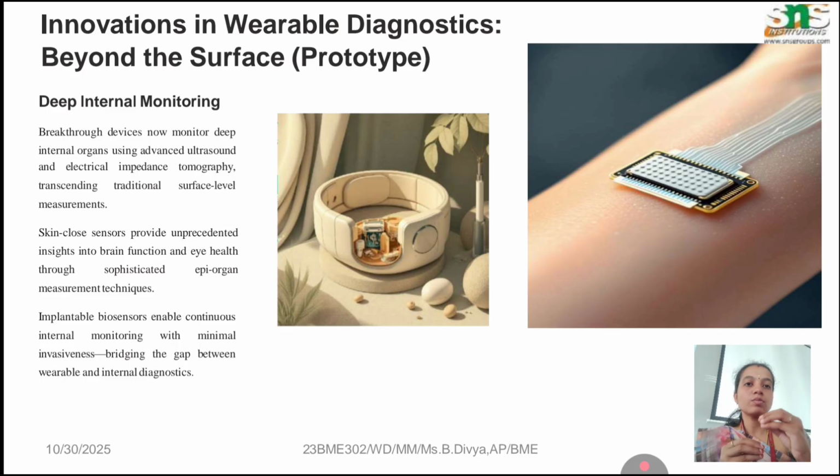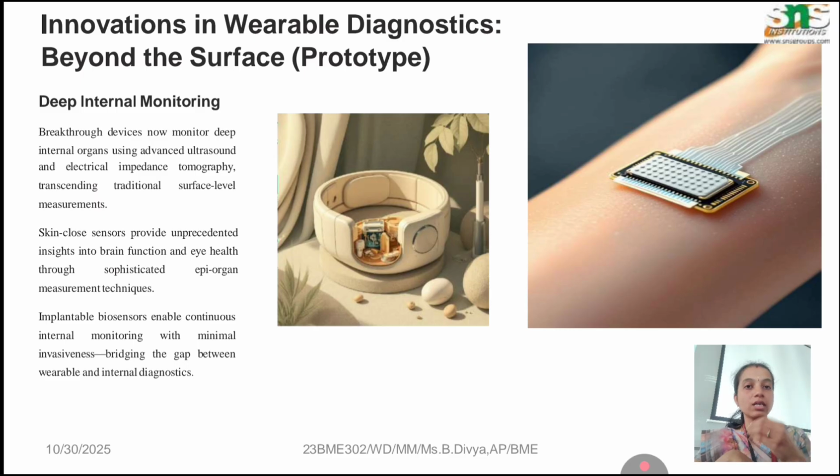Skin-close sensors provide unprecedented insights into brain function and eye health through sophisticated epidermal measurement techniques. With ultrasound and electrical tomography, we can identify the inner issues of the body, and the skin-close sensors, which are closely connected with the skin, can help identify brain function and eye health.